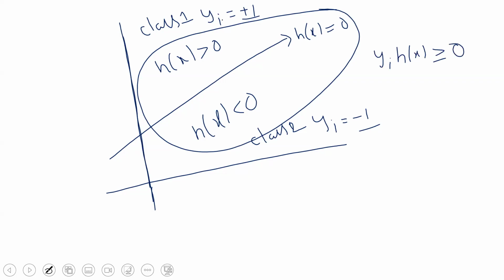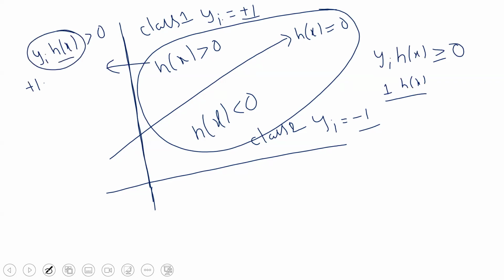In the class 1 case, yi is +1 and h of x is greater than 0, so the multiplication will be greater than 0.